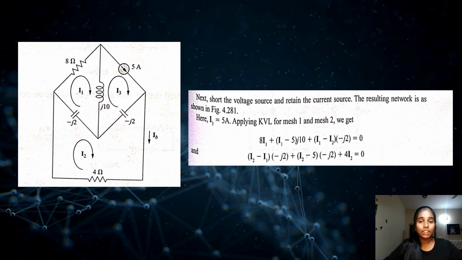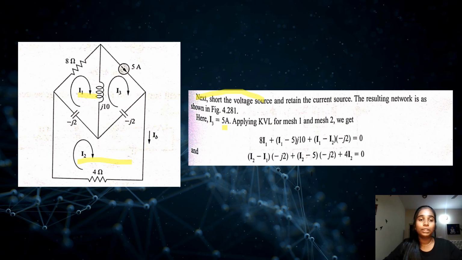On further calculation, we need to short the voltage source and retain the current source. The resulting network is as shown, that is I3, which is 5 amperes, and we apply KVL on I1 and I2.